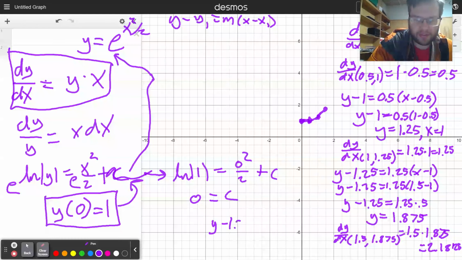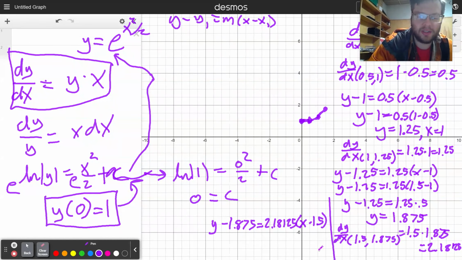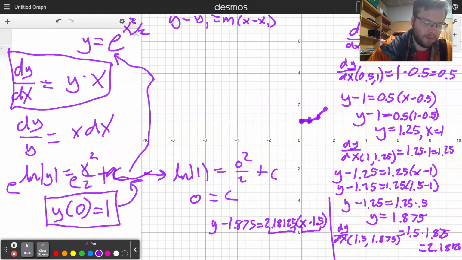I'm going to use that to build one more tangent line. Y minus the y value we just got, 1.875, equals the slope value we just got, times x minus the x value we just used of 1.5. If I plug in 2, then I'm going to just have this number here times 2 minus 1.5, so that's 0.5. And then I add 1.875 to that.